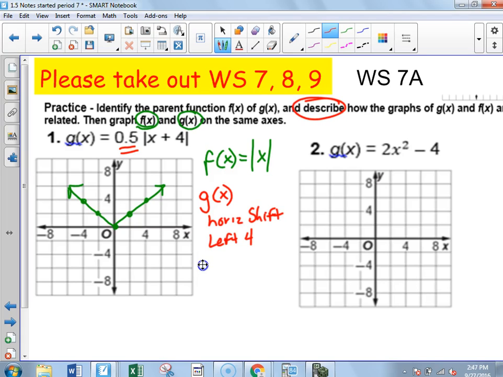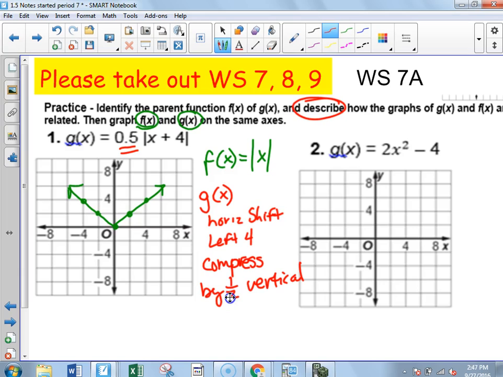But since it is a half and it's affecting it vertically, it's actually going to compress it vertically, okay? It's on the outside of the whole function, so it is doing exactly what it seems, which is compressing. And if you said shrink, I'd be fine with that, okay?